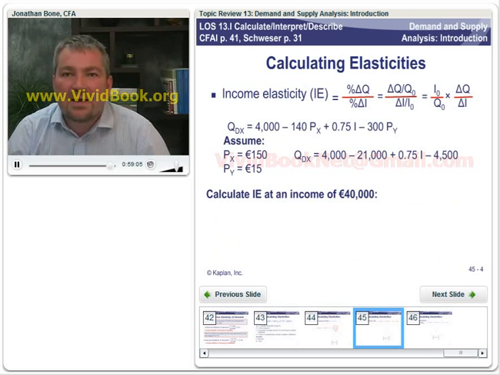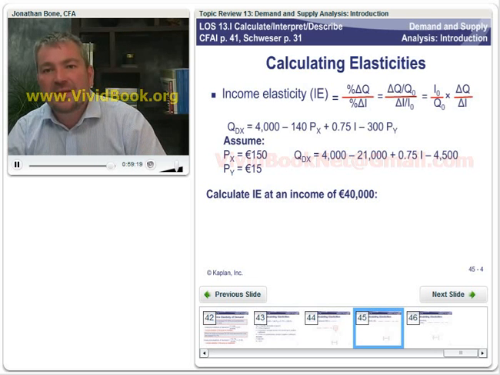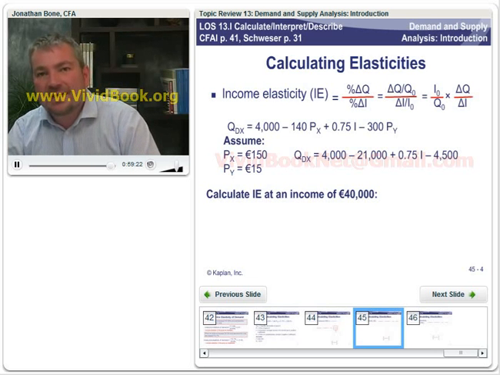So 4,000, we've then got 140 times 150, so minus 21,000, plus 0.75 times your income, minus 300 times 15, minus 4,500. So let's calculate income elasticity at an income of 40,000. Summarizing that down gives you that.